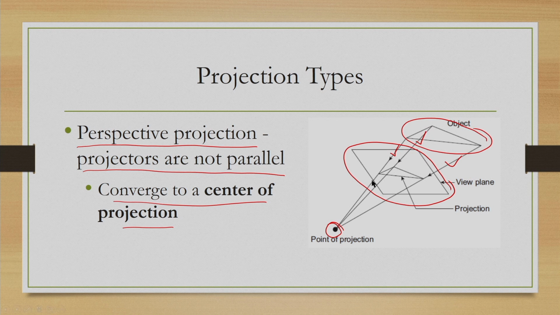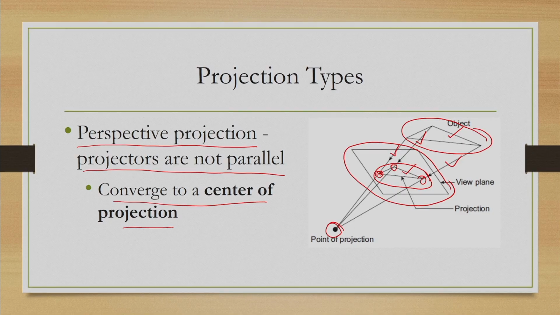During this process, they intersect or pass through the view plane, and the points of intersection like here, here, here taken together give us the projected image. So, this object here is projected in this way, and this type of projection where the projectors are not parallel to each other, instead they meet at a point of projection, is called perspective projection.